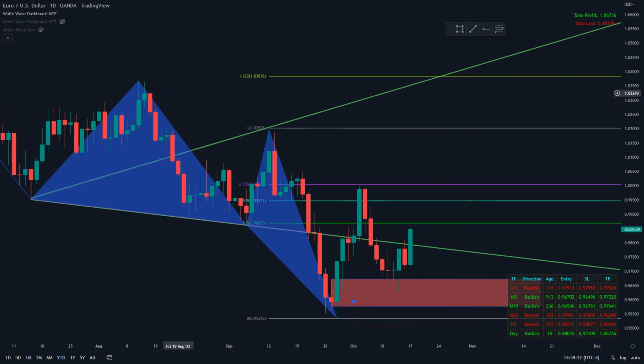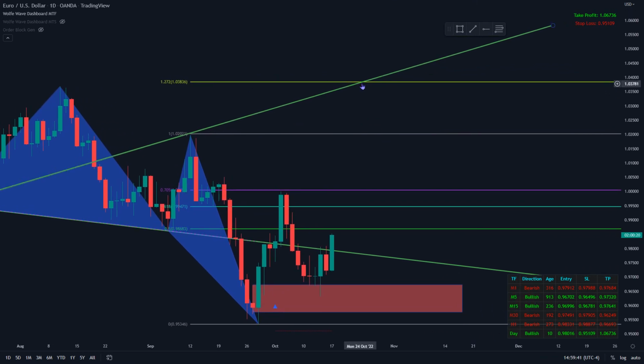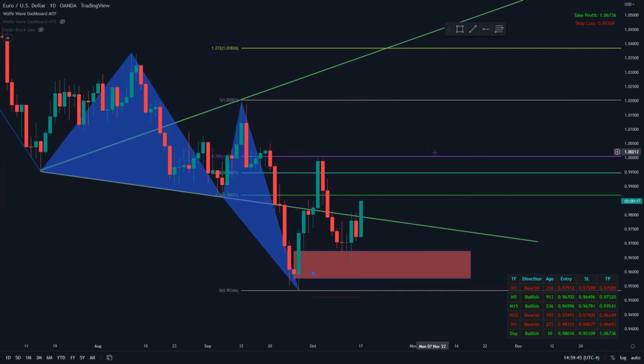And then also this high, which also happens to line up with our 272 extension and potentially even line up with this trend line as well. And then, of course, from the most recent swing highs, if you want to take quick partials, I always suggest the 50% mark, which we see it approaching as well.